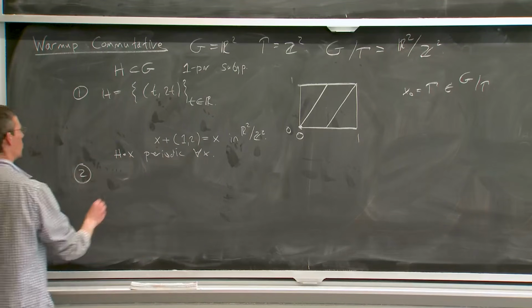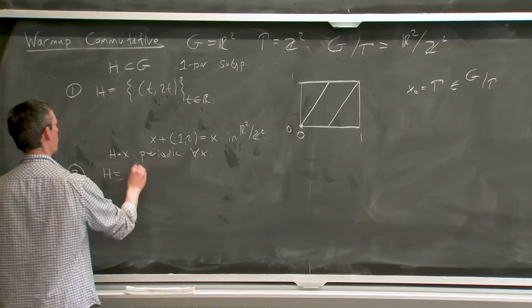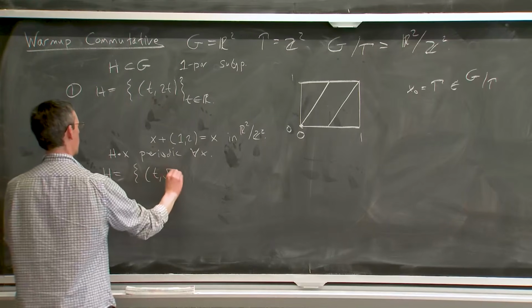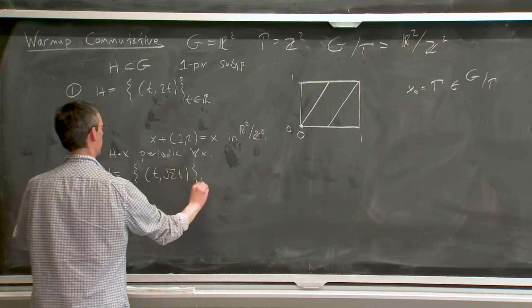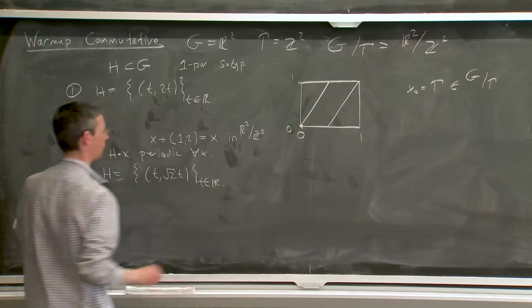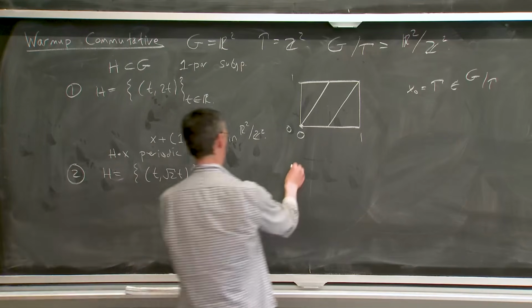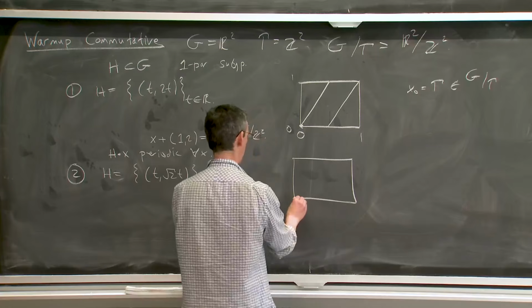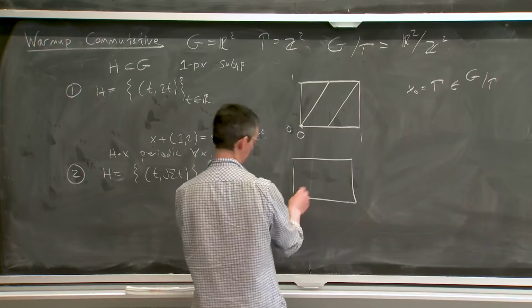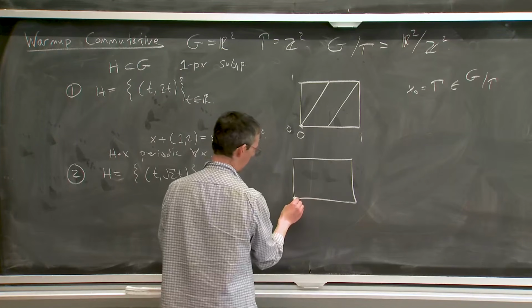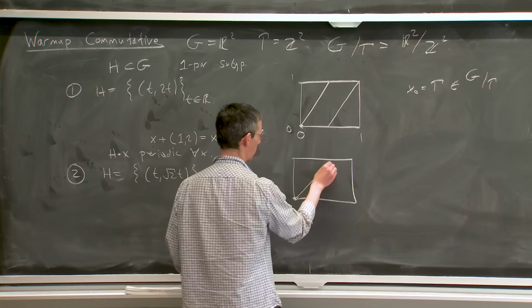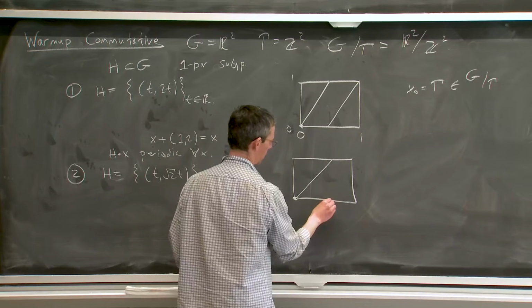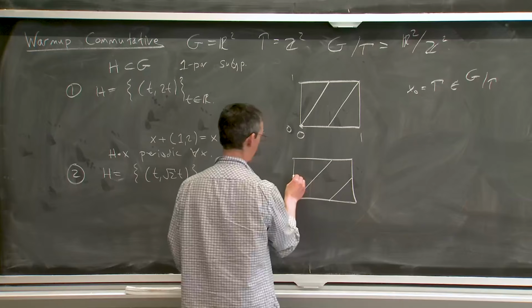OK, example 2, I'll take a different one-parameter subgroup, (t, √2 t), t in R. So now what happens? Well, if I again start at x naught, it's the identity. And now I'm going up at slope √2 at the top, and keep going at slope √2.